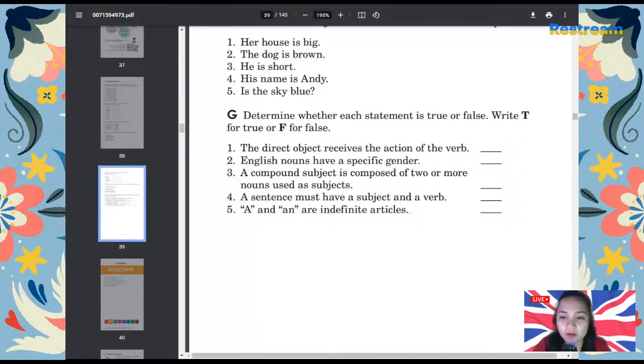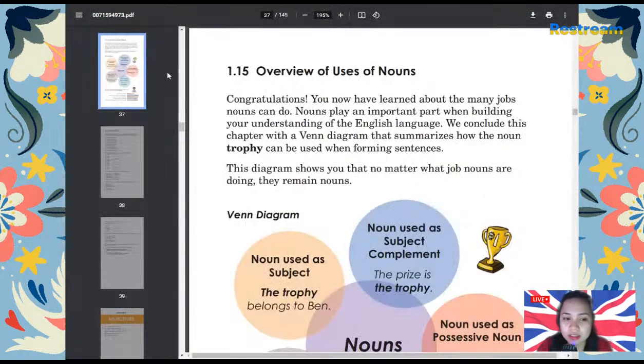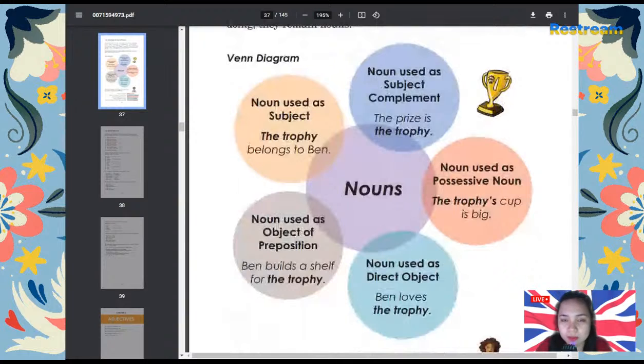So that is the whole review recap from the topic nouns. You still have to review this one, especially when you apply it to your own sentences. It's really important that you consider these types of nouns, how we use them, and what the jobs of nouns are in a sentence.